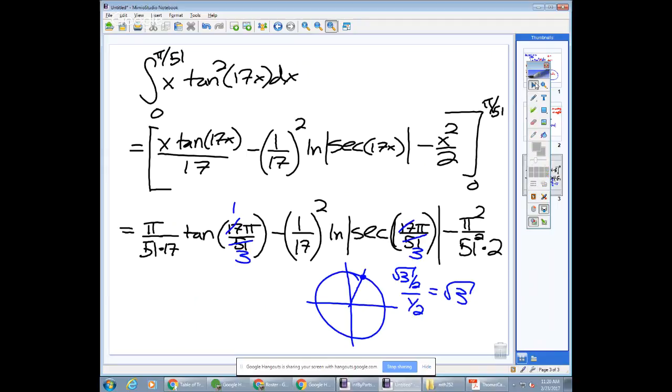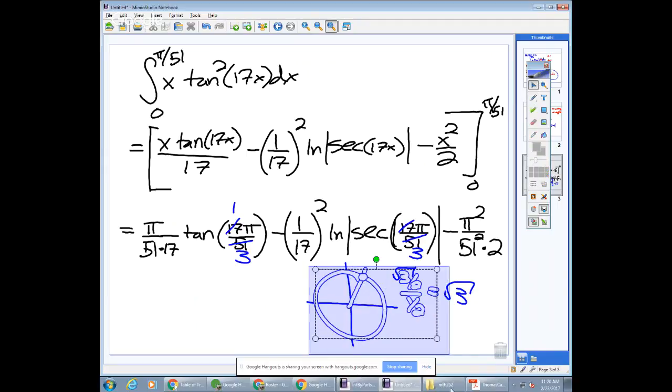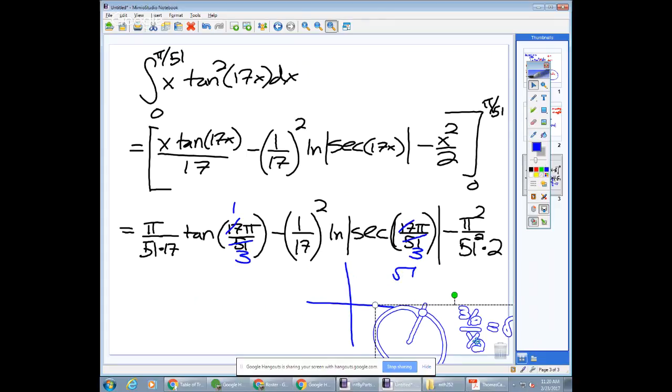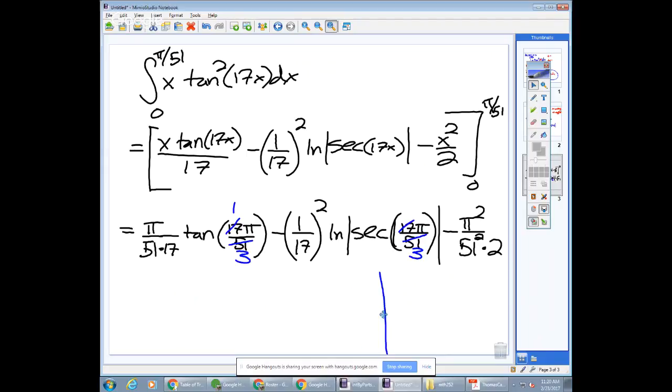Oh, fun. Let's get rid of this. Get most of it. Oh, come on. Get over here. I guess the eraser might have been easier. There you go. Okay, so where are we now? We have calculator time just about.